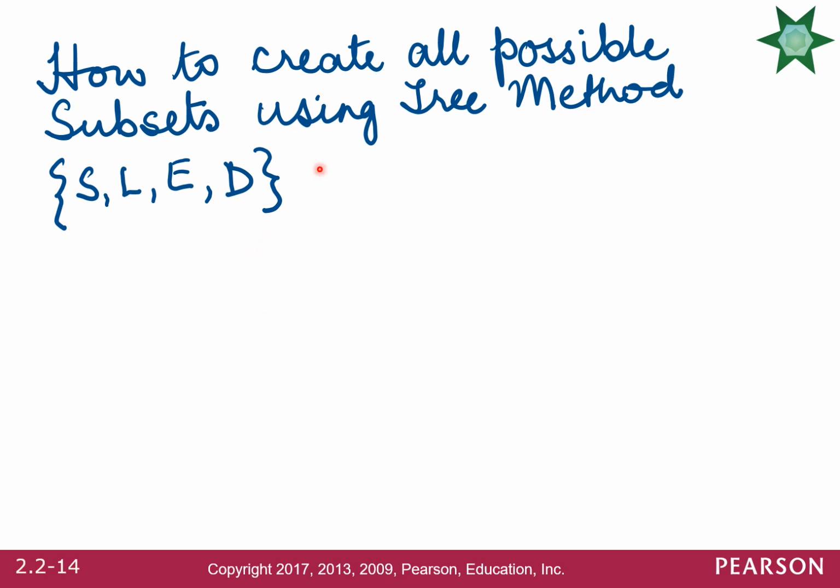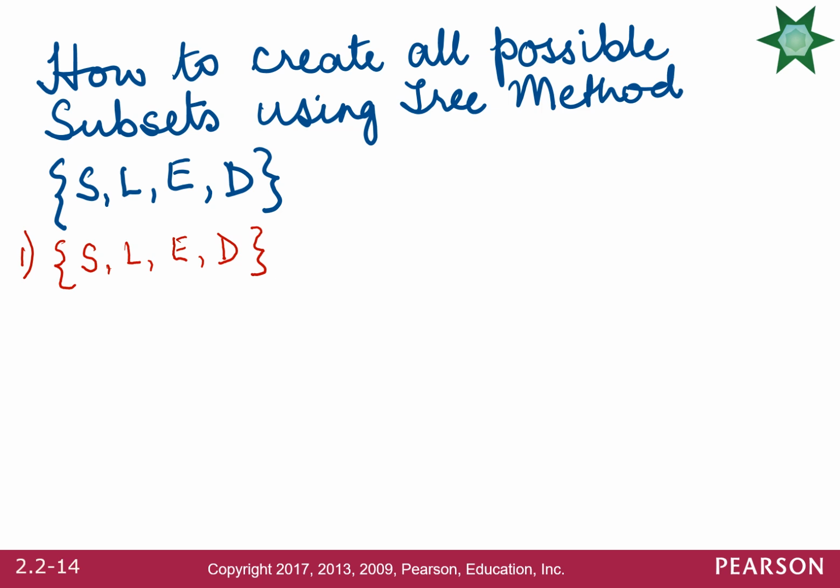So we'll start by laying out the subset with 4 elements. Remember that the set is also its own subset. So I'm going to write the first subset as whatever I have for the set SLED, and there's only one subset with 4 elements in it.